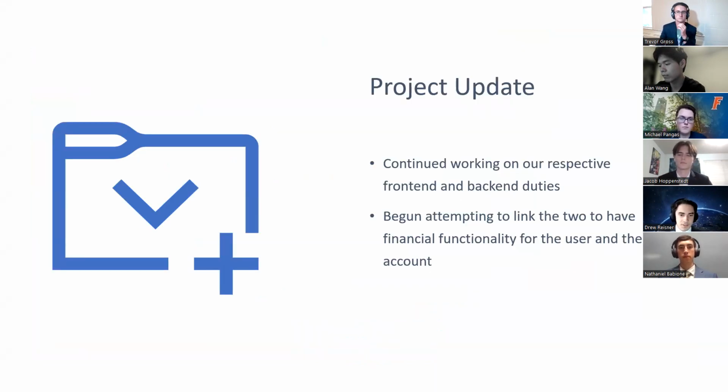So here's a quick project update. The backend team has continued working on establishing a database with MongoDB and has also made progress in implementing the Plaid API through the use of a sandbox environment. The front-end team has established a locally hosted website consisting of a landing page, about us page, registration page, and login page, which will be demonstrated in another slide.